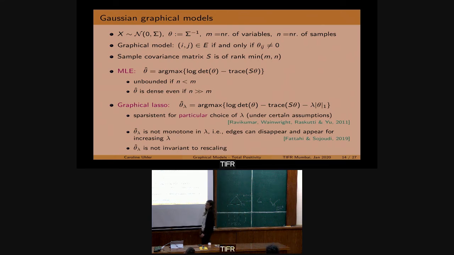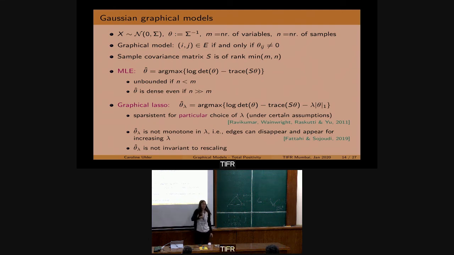And something else that I don't know why people never talk about, but I think is really problematic. If I have here the MLE, right, it doesn't depend on whether I take the sample covariance matrix or the sample correlation matrix. It's invariant, right? But for graphical lasso, it matters what you're plugging in here.